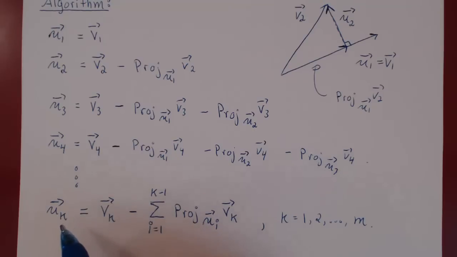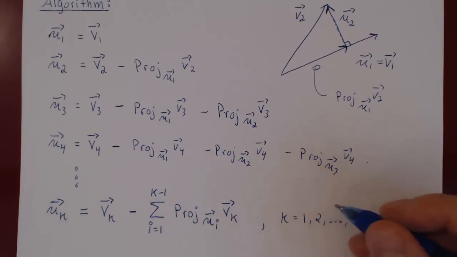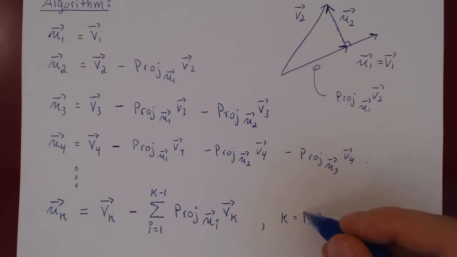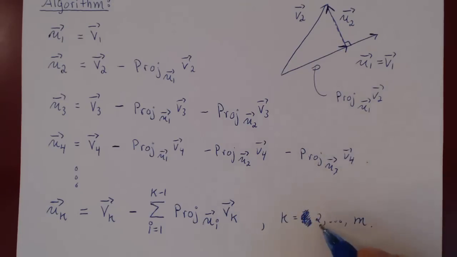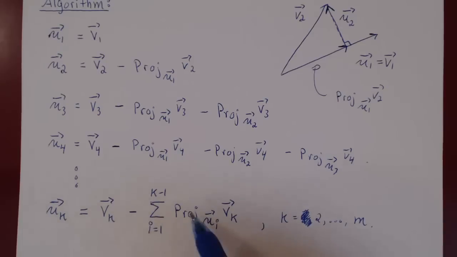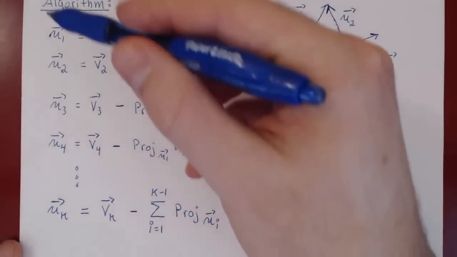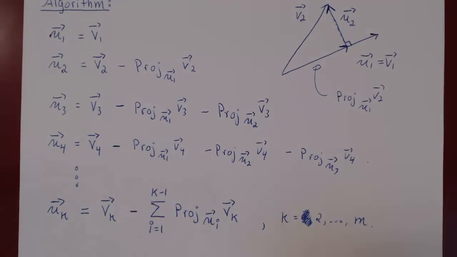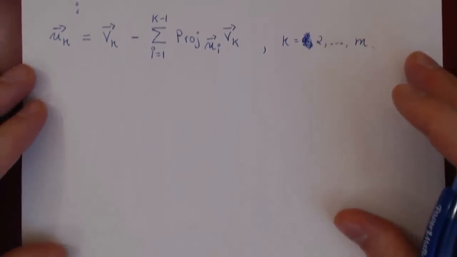We start here with k equals 2, up to m. And now with this line, u1 is v1, and this formula, we can compute u2, u3, up to um. And that is the Gram-Schmidt algorithm. And as we have discussed, the new vectors u1 through um will be an orthogonal basis of v. So that's our conclusion.